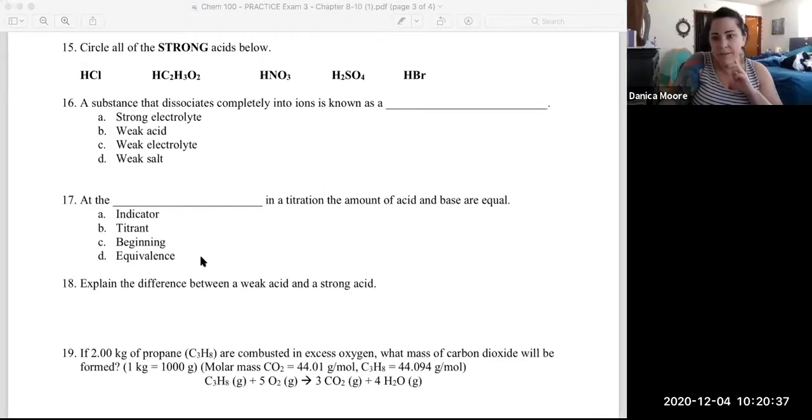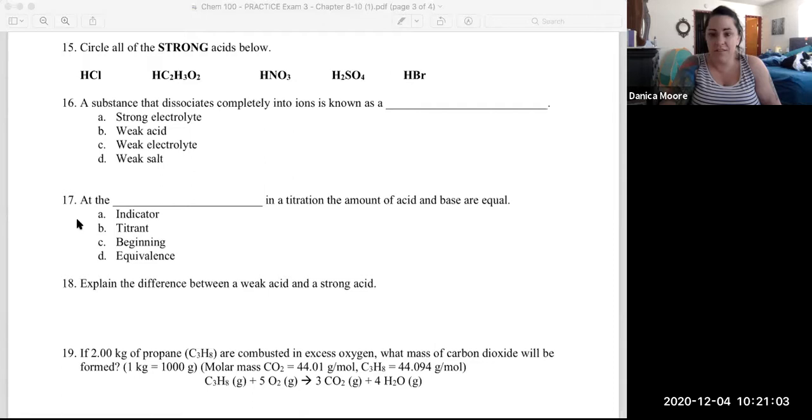There are a few key words to understand, but I don't expect you to know all of those. But this particular one, equivalence point or endpoint, I think you should be familiar with. Does that make sense? All of the other ones are really only relevant to lab.